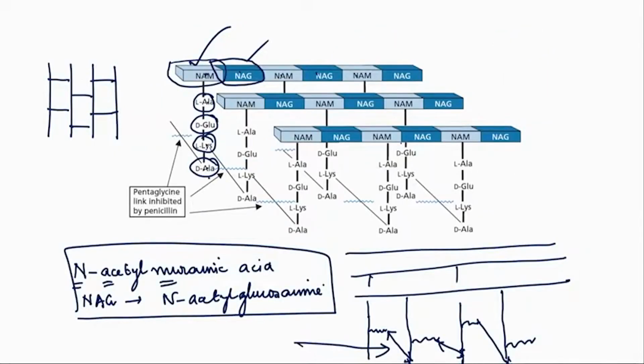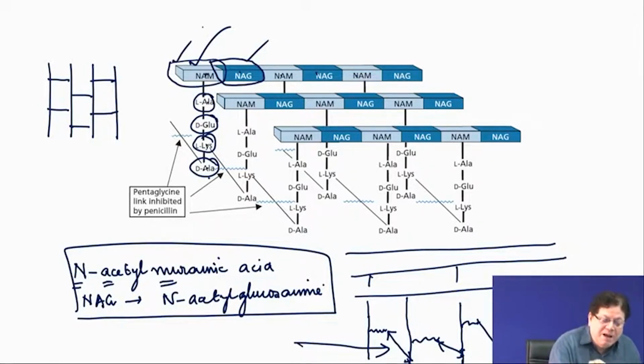Now, the biosynthesis of the cell wall, what happens here? Look at the workload on the bacteria. The bacteria has to synthesize the NAM, it has to synthesize the NAG, and then combine NAM and NAG, form the glycoside bond and make the polymer, another set of polymer, another set.